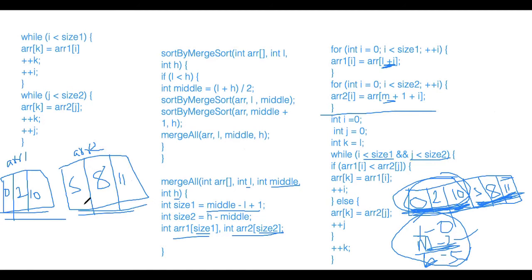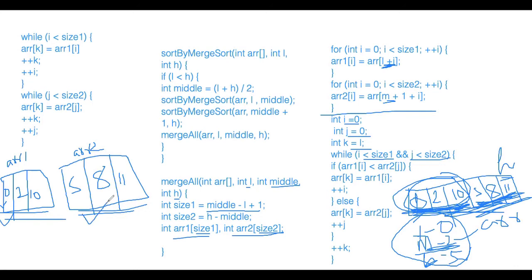And we are starting from the beginning of these two arrays. So in the beginning, i is 0, j is 0, and k is L because we have to fill from L to H, right? And we are filling this array. Right now we don't care what's there in this array from L to H, because whatever is there from L to H is already part of these two arrays, right?